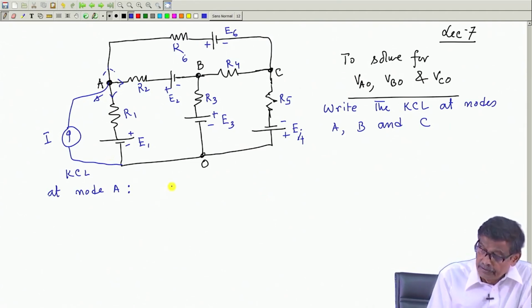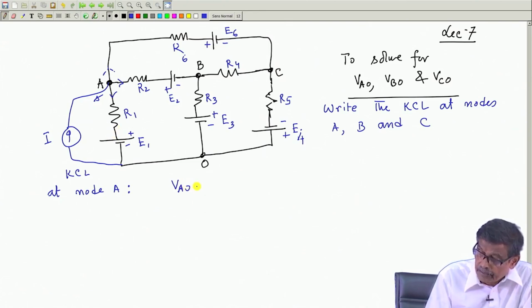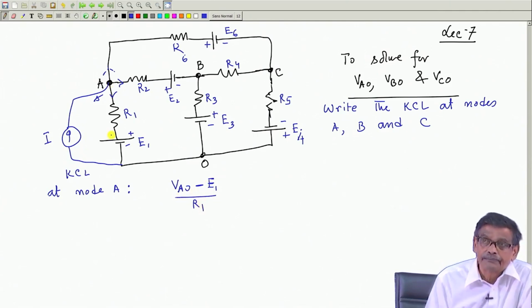This current will be in terms of node voltages: VAO, the potential of this point, minus the potential of this point. What is the potential of this point with respect to O? Very simple, plus E1, divided by R1. This will be the current here.